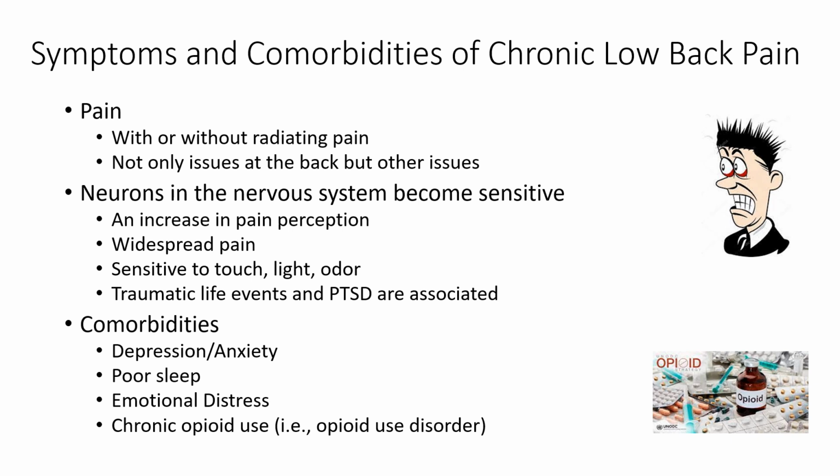Furthermore, if the neurons in the central nervous system are involved, patients with chronic low back pain may also have widespread pain. Pain is not only in the back area, but also in other body areas. Those people may also present with hypersensitivity not only to pain itself but also to other sensations such as touch, light, and odor.